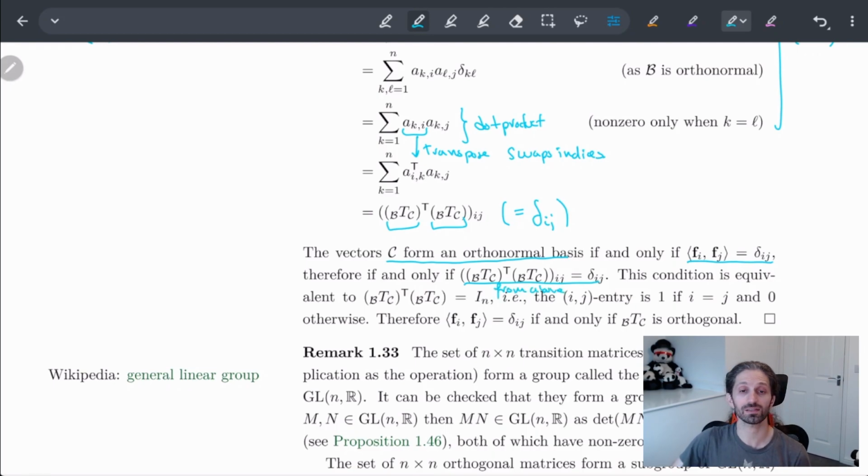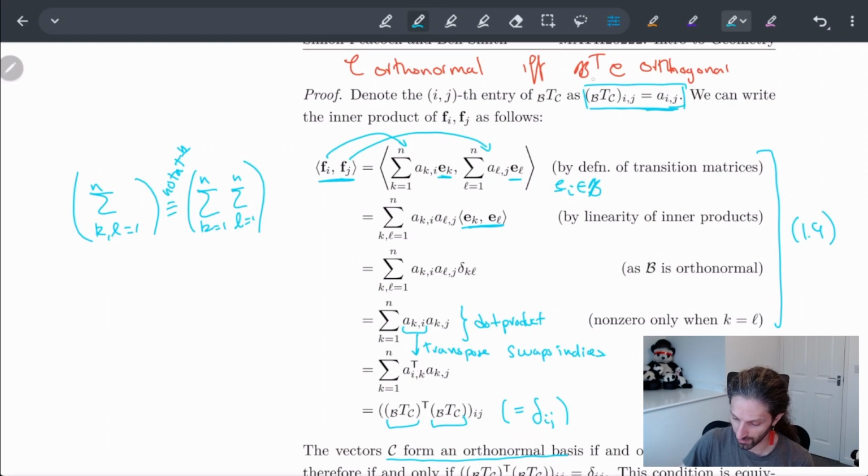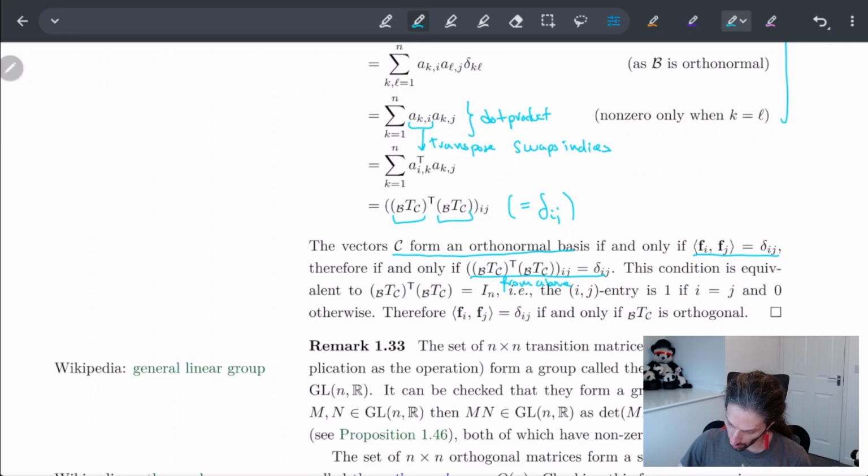Now, when is this true? What is this equivalent to? What we're trying to get to is the fact that the matrix is orthogonal. So this is equivalent to exactly what we want: this transition matrix product equal to the identity. Now, why is this true? It's because if I'm looking at the ijth entry, this is going to be equal to 1 precisely when i is equal to j, and 0 otherwise.